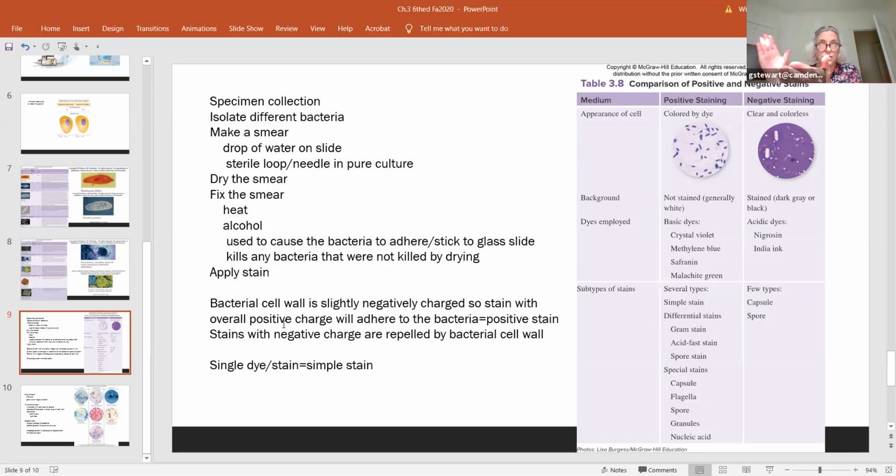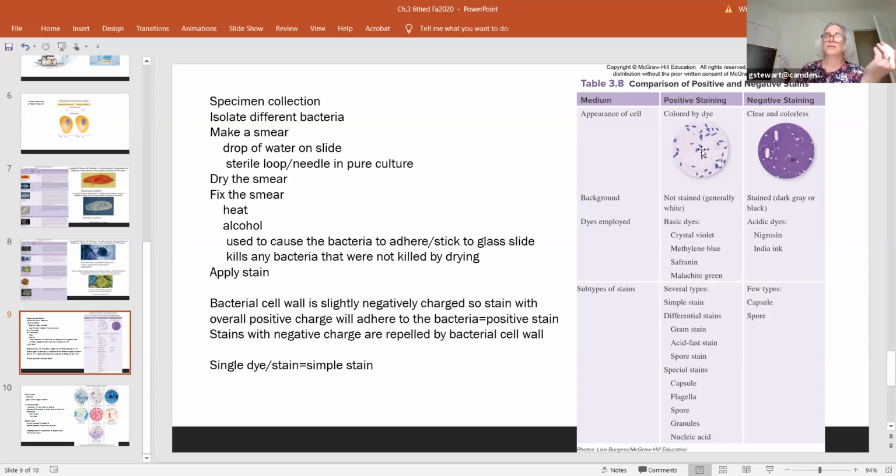Bacteria is negatively charged, stain positively charged, opposites attract, you get a color. If I use a dye that is negatively charged, then it'll be repelled. So a negative stain, it's negative color and negative on the cell wall, right? So negative to negative repels, so we get the background colored, the bacteria clear.